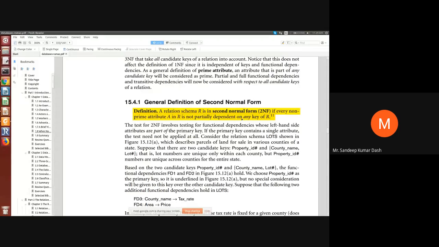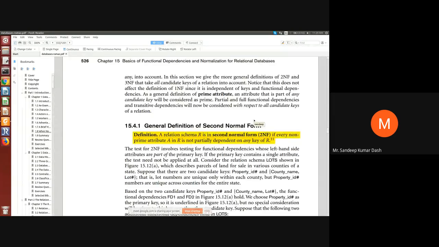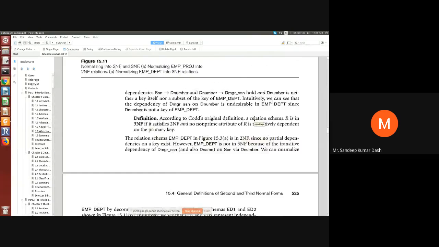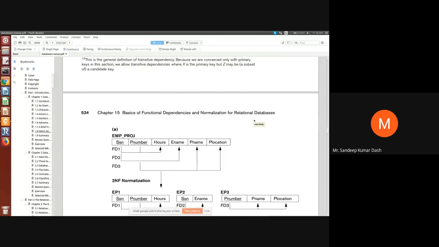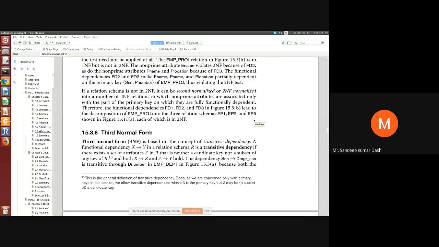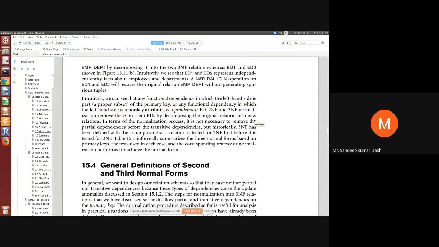That is, not partially dependent means full functional dependency. So every non-prime attribute is fully functionally dependent on any key of R, not only the primary key, on any key. Okay. In the previous definition, since it was an introduction, it said it is on the primary key of R, but actually that is on any key of R because key is key.